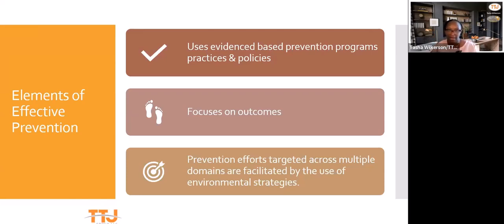Okay, I'm going to get to my next point, and then I'm going to ask you questions. Prevention efforts are targeted across multiple domains, and they are facilitated by the use of environmental strategies. That is what I said before. As we went through the little history of how we evolved to the Strategic Prevention Framework, there was comprehensive prevention, where we hit on different domains.